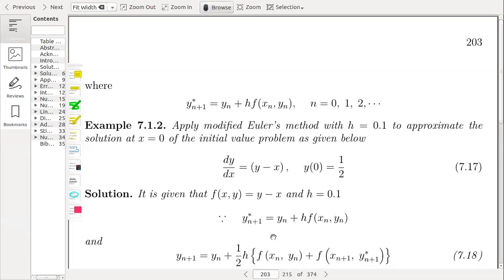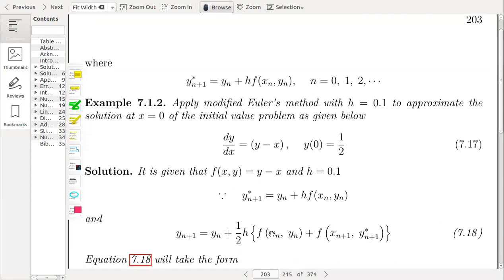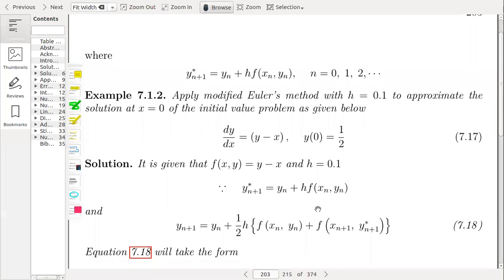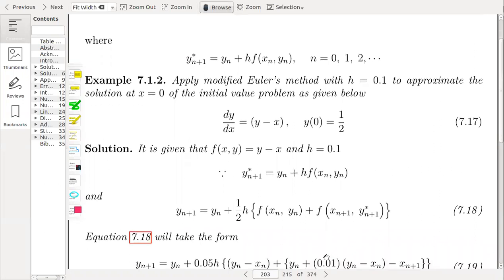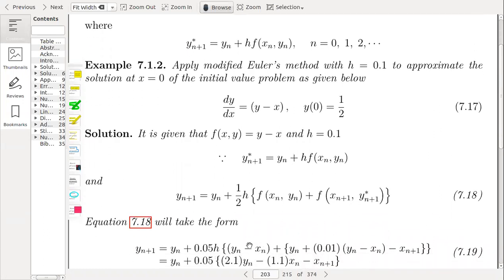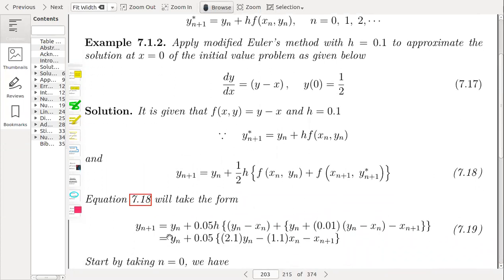So we compute first yn plus 1 star is equal to yn plus h f of xn yn, and yn plus 1 is equal to yn plus half h times f of xn yn plus f of xn plus 1 yn plus 1 star. So this equation will take the form yn plus 0.5 h yn minus xn.